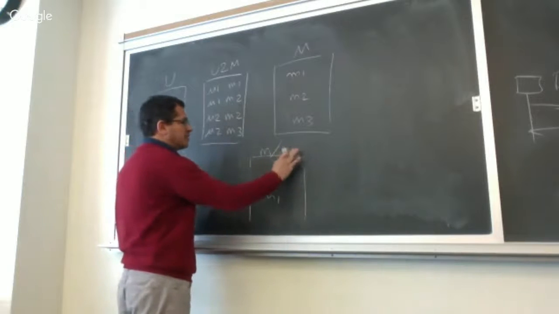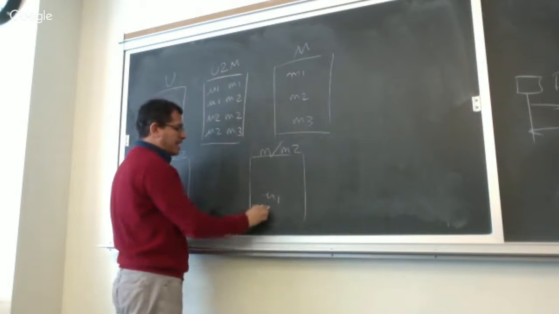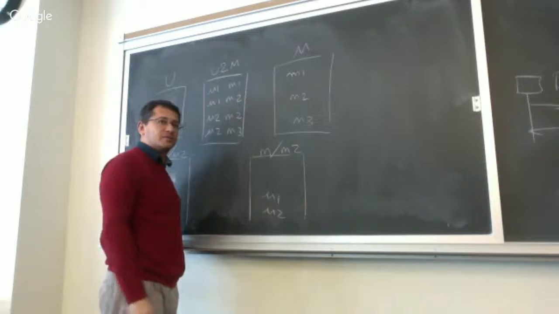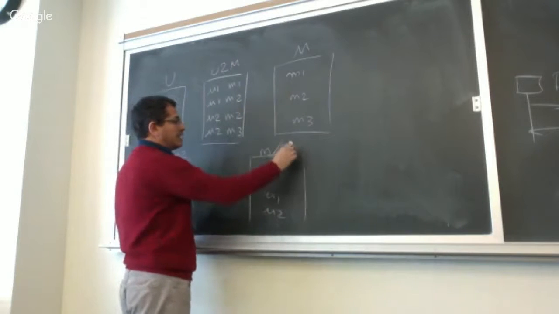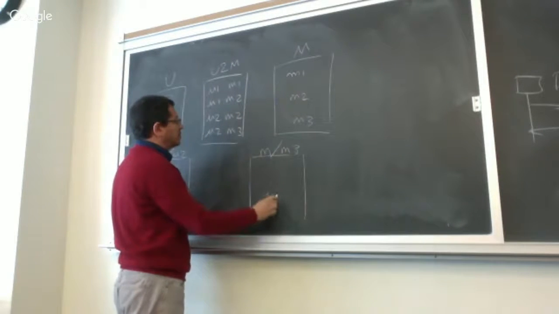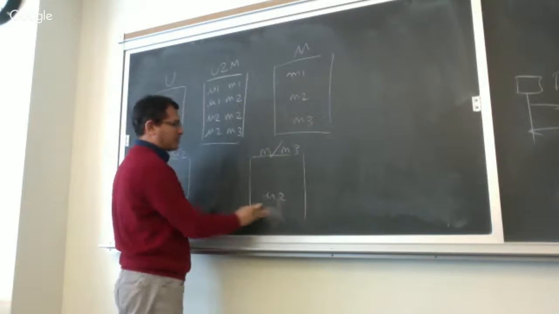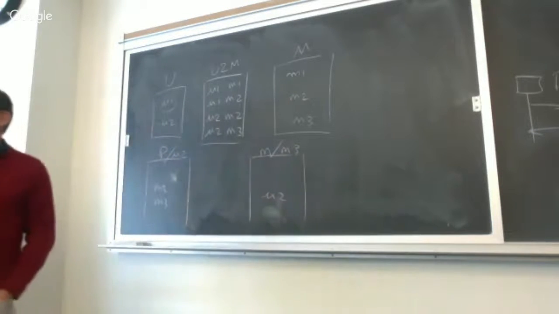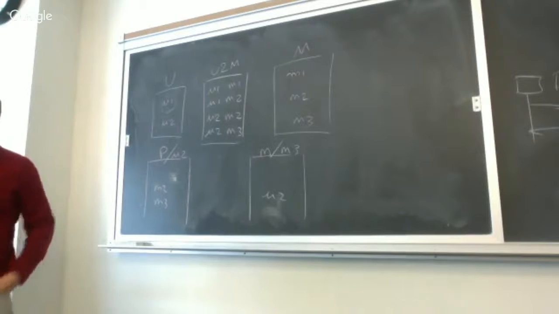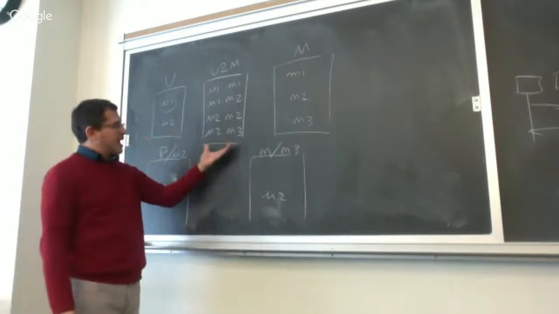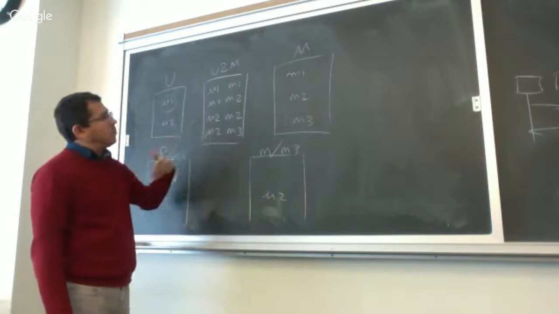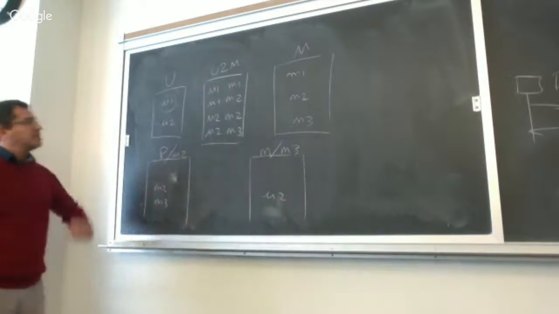But if I go to movie 2, it'll tell me that user 1 and user 2 like movie 2. If I go to movie 3, it'll tell me that only user 2 likes movie 3. Make sense? Everybody okay?